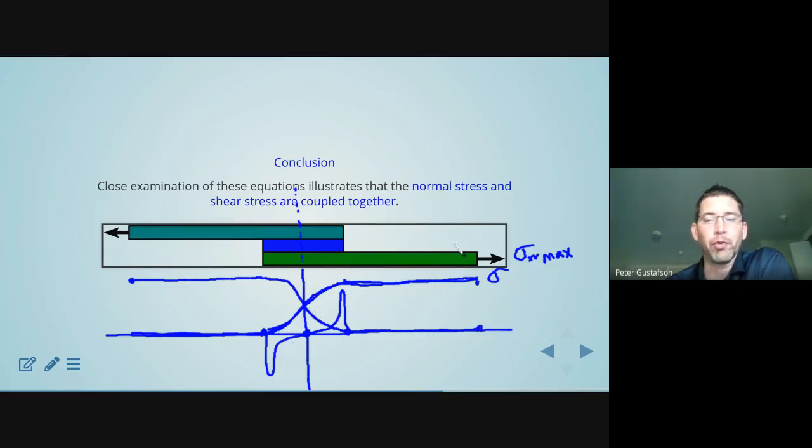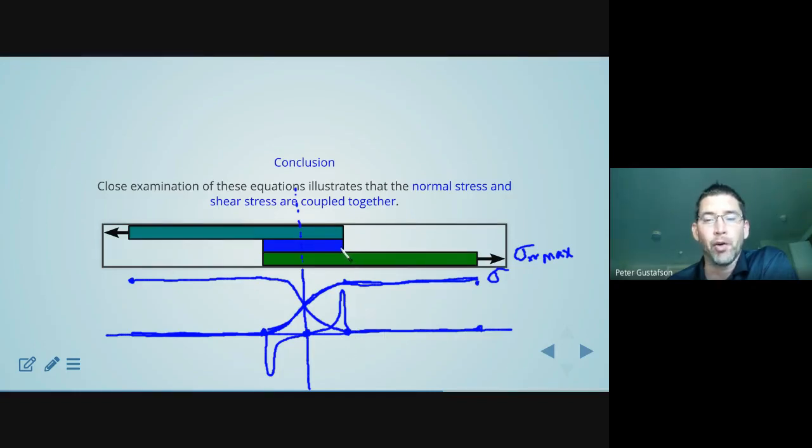So even with this really simplistic lap joint configuration, because of the equations of motion, because of the stress equilibrium equations, we get this coupling between normal stress, shear stress, and normal stress that leads to these massive stress concentrations.